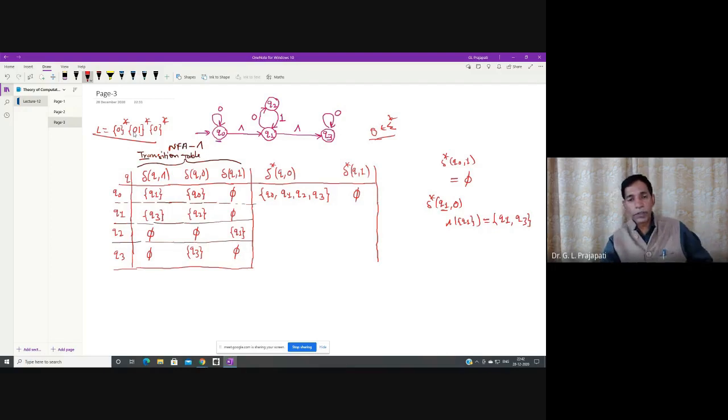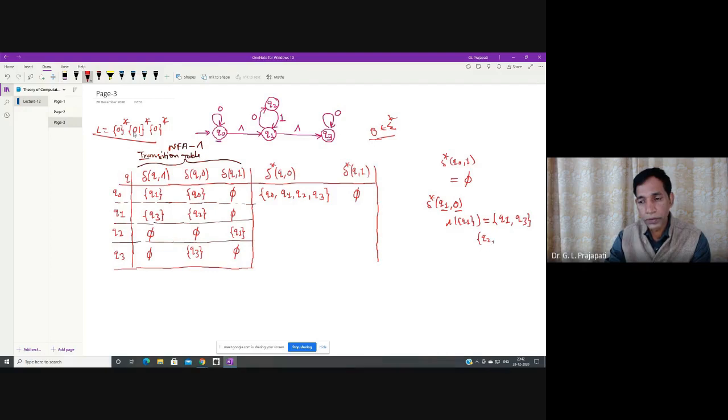So whenever you are at the state Q1 with the null string, you can be at Q1 or at Q3. This is the null closure of Q1. And from these states, if you are at Q1 and the input is 0, you are going to the state Q2.